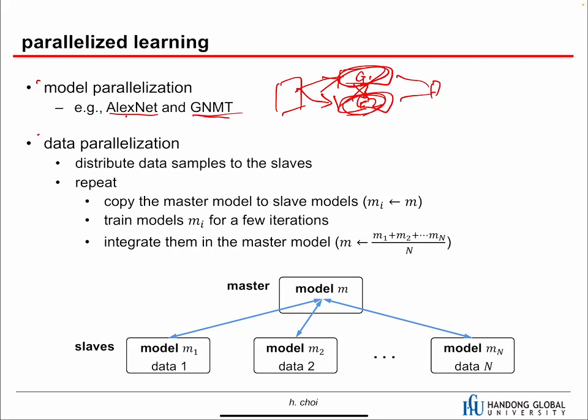Okay, and then in the Google NMT, there were a lot of layers. This one was 2016. This one is 2012, I guess. So in 2016, they used many RNN layers. When they have 8 layers for the encoder, each layer was done by one GPU.